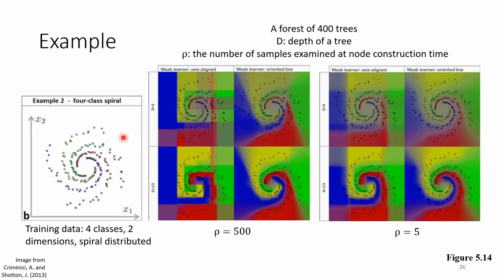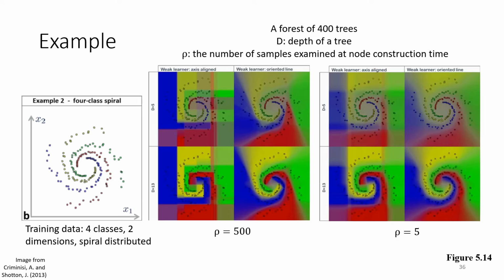The first row is a shallow tree. The depth of the tree is only 5, and for this row there is more depth. The depth is 13. And then the difference between these columns, let me try to enlarge it.